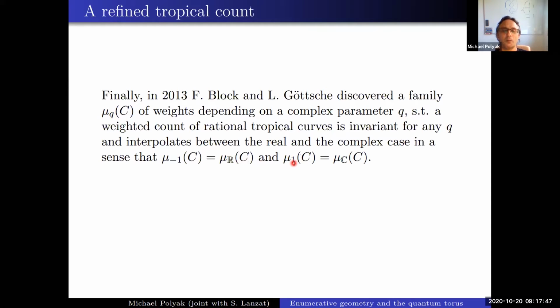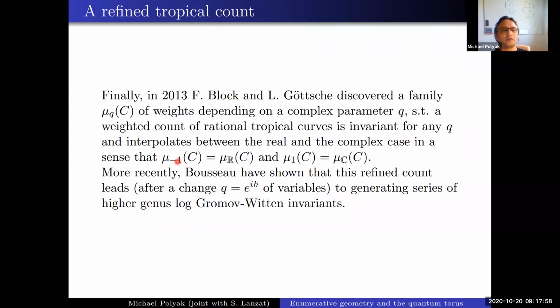The complex case corresponds to q equal to 1, the real case corresponds to q being minus 1, and even more interestingly, this refined count, by which I mean counting curves with these weights which depend on q.